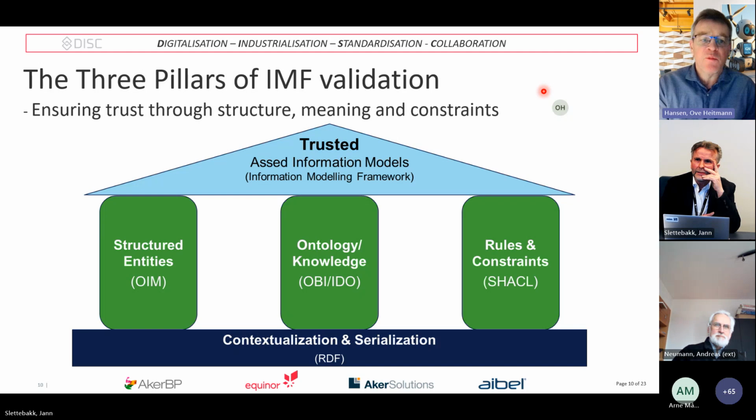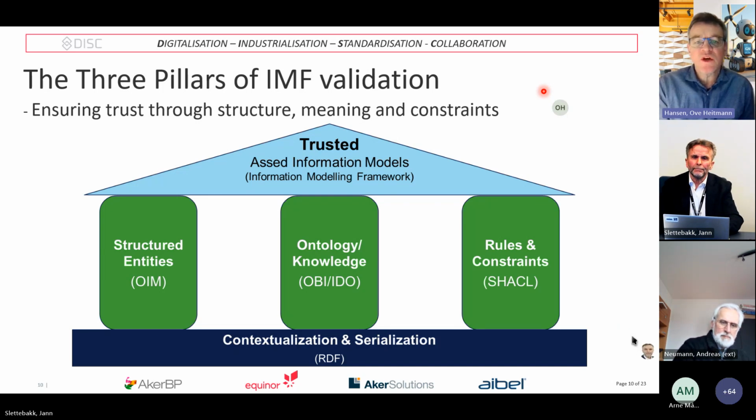And as you see from the left to the right here, we need to create structured entities based on object information models, created using an ontology that is knowledgeable. We are pointing at OBI and IDO as that approach. And we need some rules and constraints, as mentioned, SHACL for example, in the beginning. So those 3 pillars need to be in place if we're going to create a trusted information model.